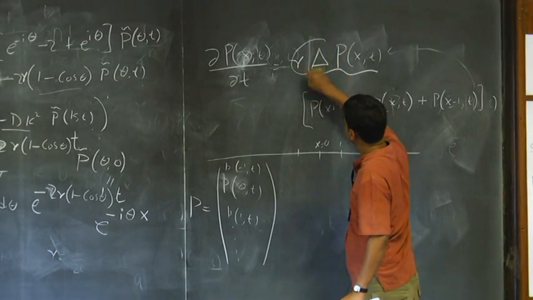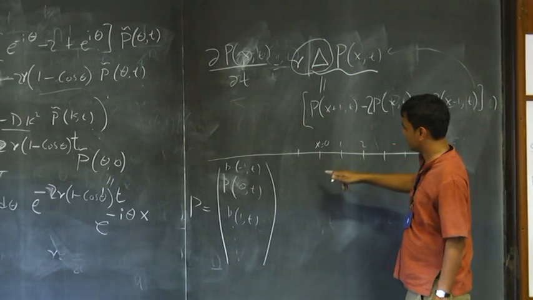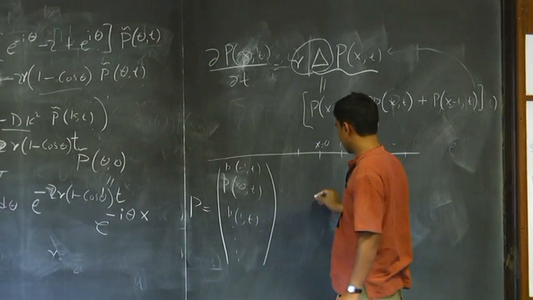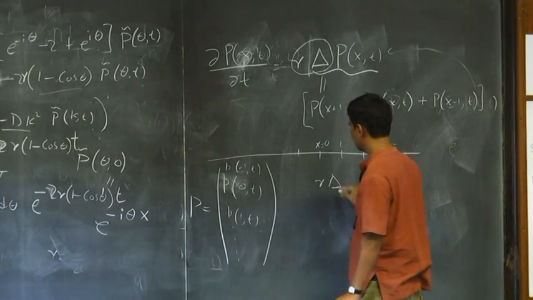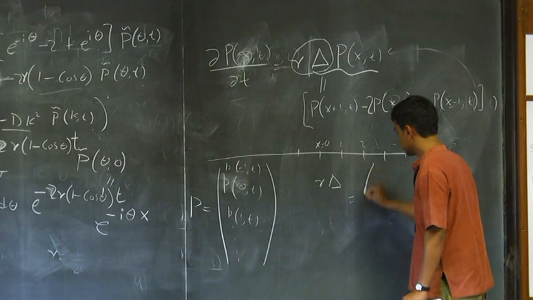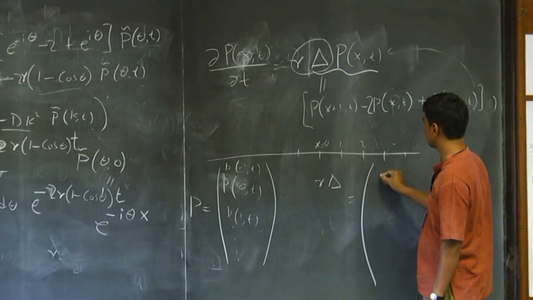and this is another operator, which in this case has the form R delta. If you look at it as a matrix, it has the structure like this.